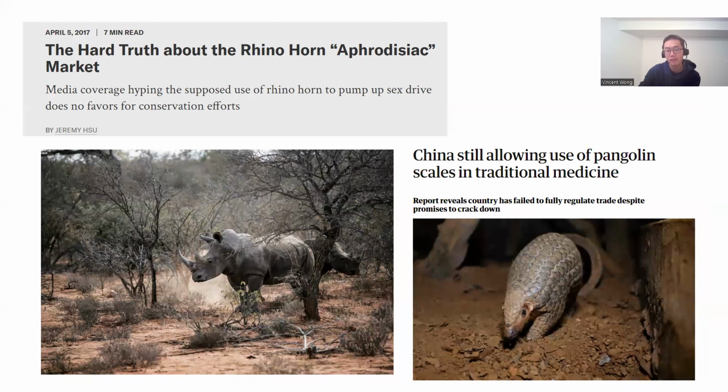If you believe the rhino horn is going to drive up the sex drive, then your fingernails should do the same thing. But of course it doesn't, right? So people are trying to educate the public about these kinds of things. And once you understand it, then maybe we can save some of these animals.